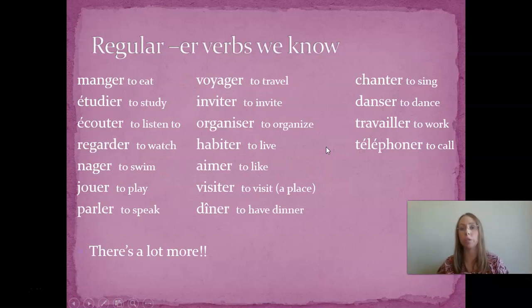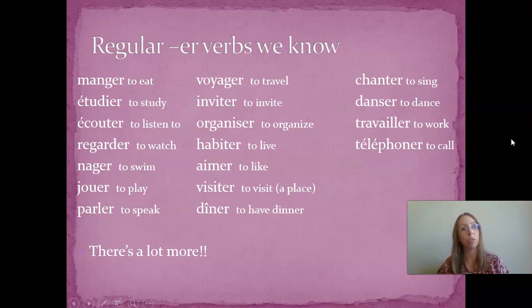So here's a bunch of other verbs that you know so far. There might be a couple new ones here, but some really common ones for us. Manger, étudier, écouter, regarder, nager, jouer, parler, voyager, inviter, organiser, habiter, aimer, visiter, dîner, chanter, danser, travailler, téléphoner.